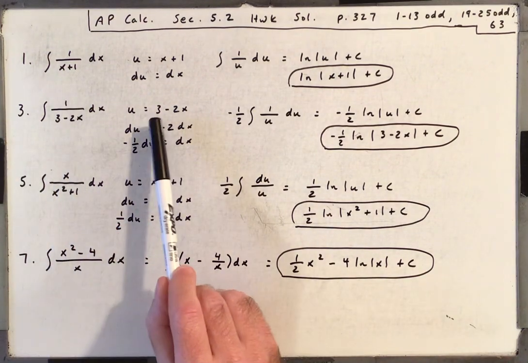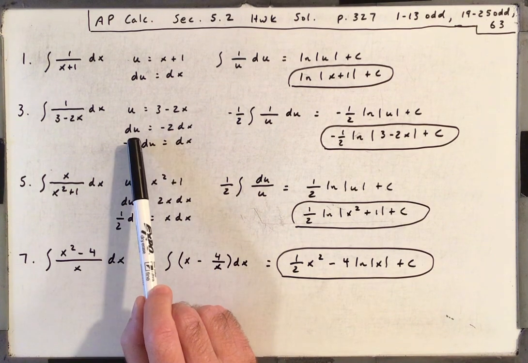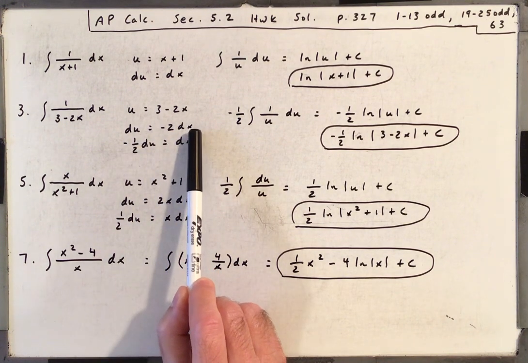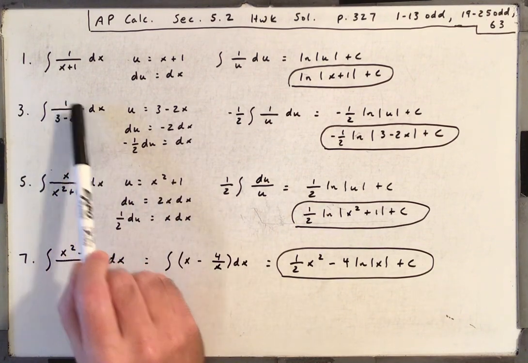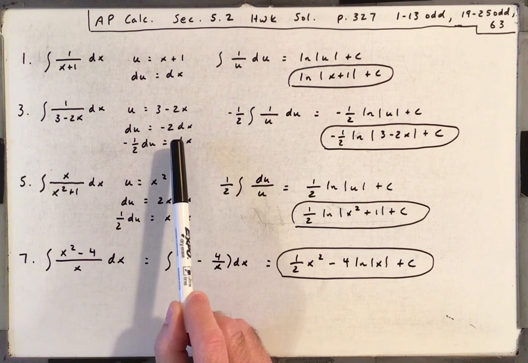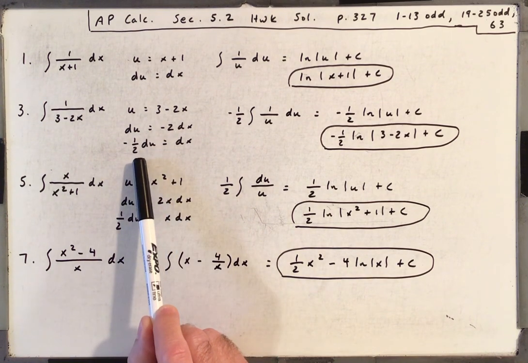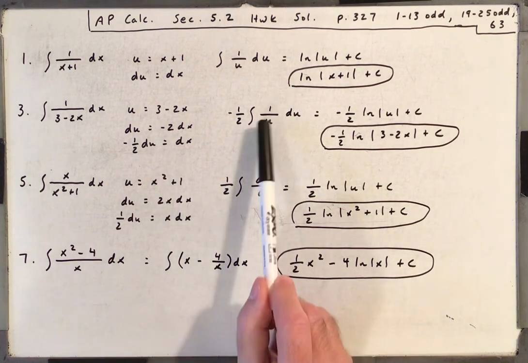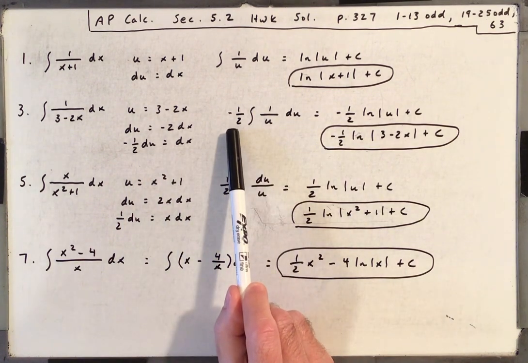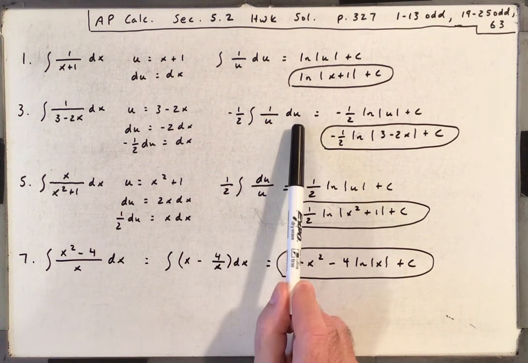All right, for number 3, we're going to let u be 3 minus 2x. So the derivative of that is negative 2 dx. We need it to just be dx, right? It's 1 times dx. So if we multiply both sides by negative 1/2, we'd have negative 1/2 du is equal to dx. We could rewrite this integral with a negative 1/2 out front, and then 1 over u du.